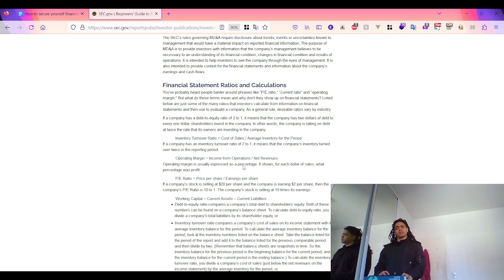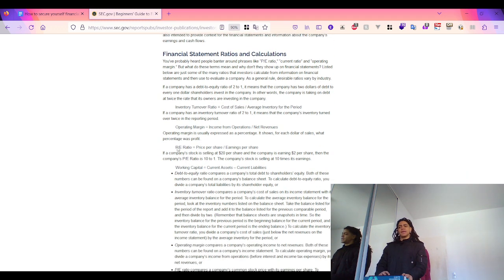Operating margin is usually expressed as a percentage. It shows that for each dollar of sales, what percentage was profit.